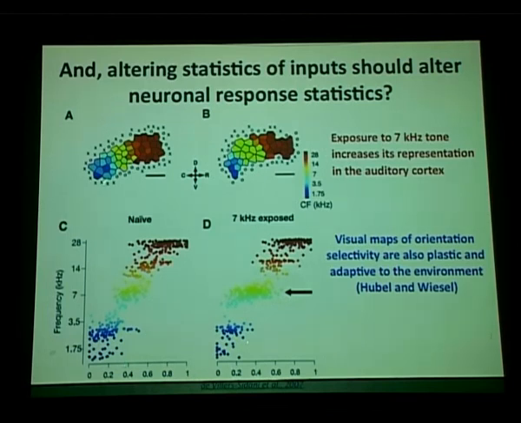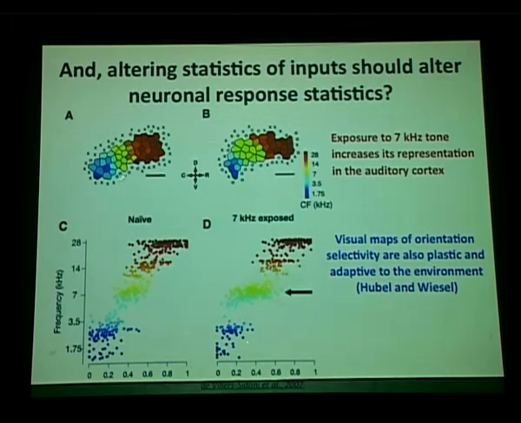If you look at the auditory structure and map the different frequencies, these are the frequencies to which neurons in this area respond maximally, and there is a topographic map. If you specifically expose these animals to only 7 kilohertz, you see that the representation for that specific frequency has increased at the expense of other frequencies in this range.